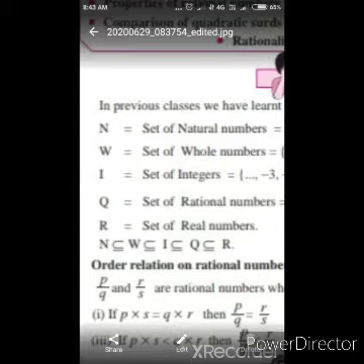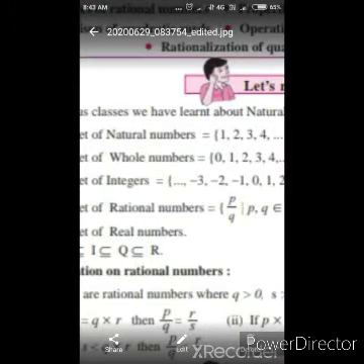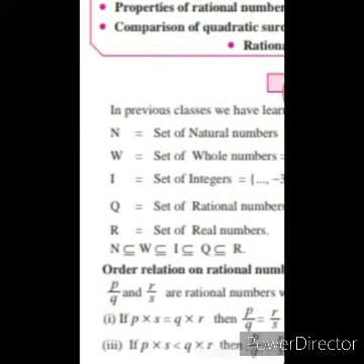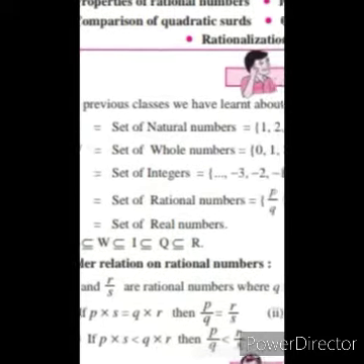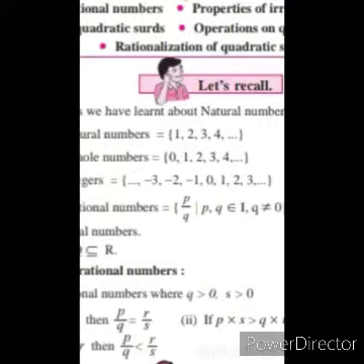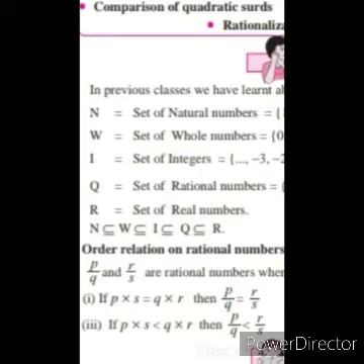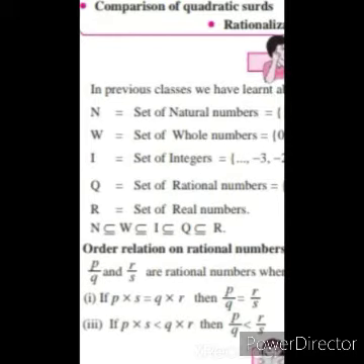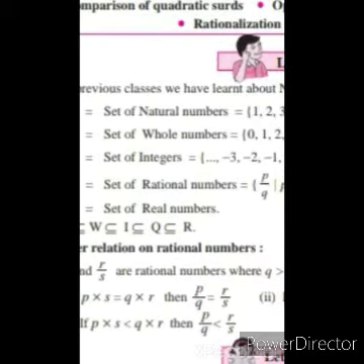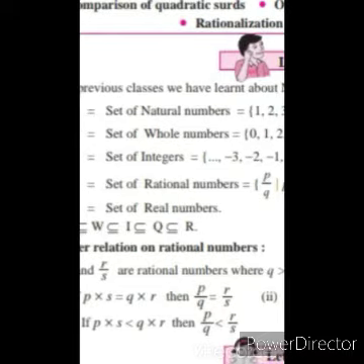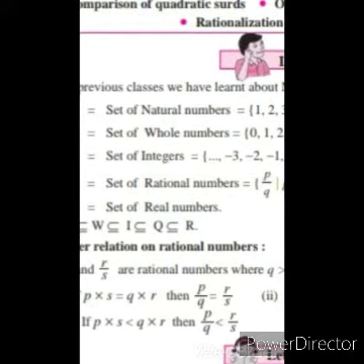So in real numbers, all these numbers are included. See the natural numbers 1, 2, 3, 4, which are in whole numbers. It means natural numbers are a subset of whole numbers. Therefore, N is a subset of W. Similarly, all the numbers of whole numbers 0, 1, 2, 3, 4 are in integers. Therefore, whole numbers are a subset of integers. See, the set of integers, all the numbers are in rational numbers.